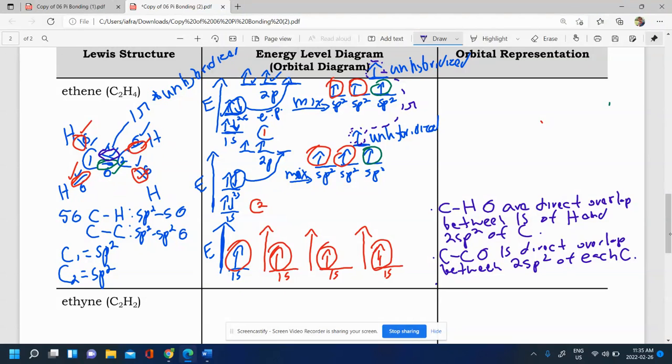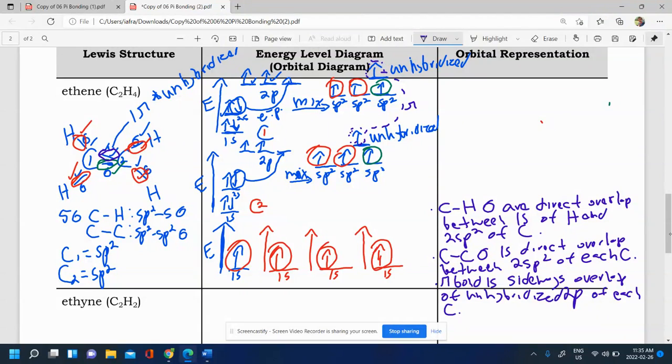And then we saw that the pi bond is the sideways or indirect overlap of the unhybridized p of, let's say 2p of each carbon.